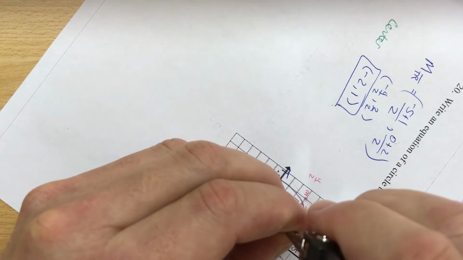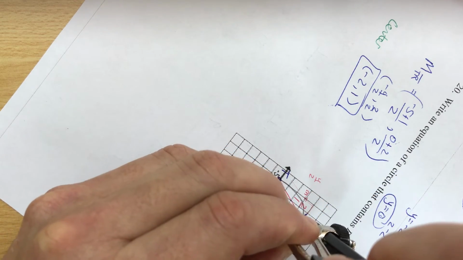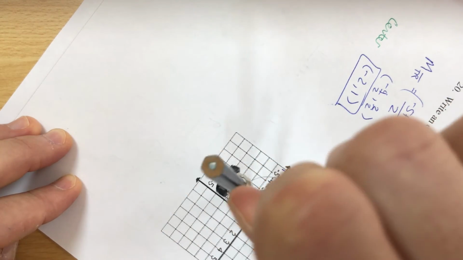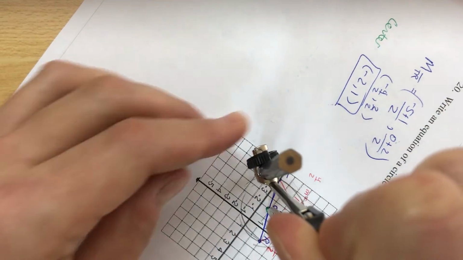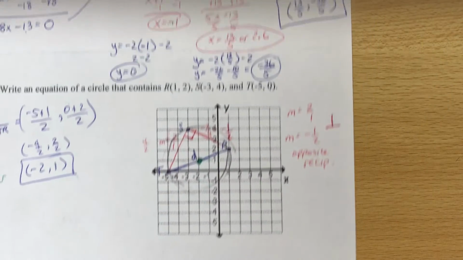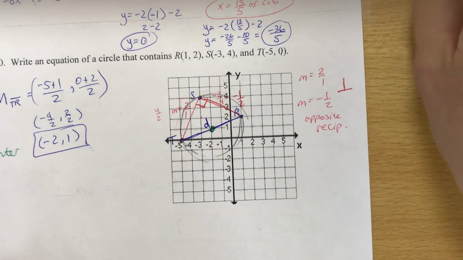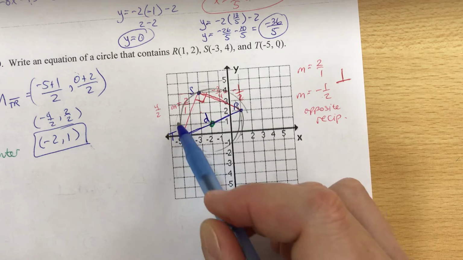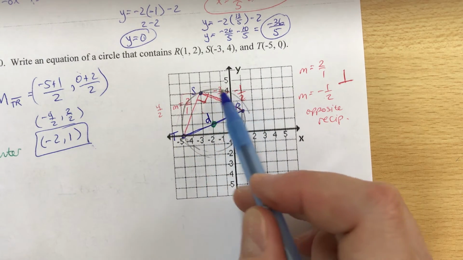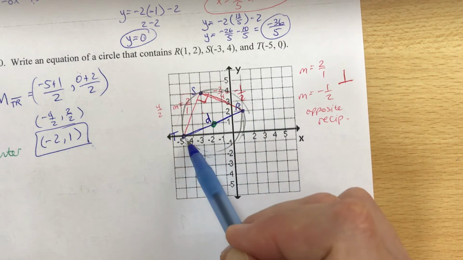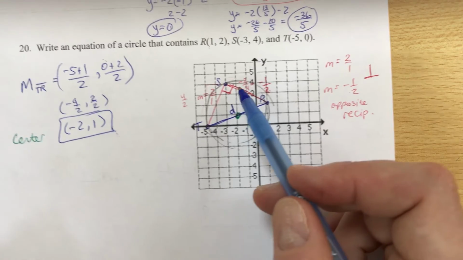Not perfect at all. There we go. Oops. Okay, but you can kind of see it. I know it's not great. But if I could draw it perfectly, you can see that it's not bad. Okay, I know I'm off a little bit, but you can see that it goes through R and T and S if I've done it correctly.